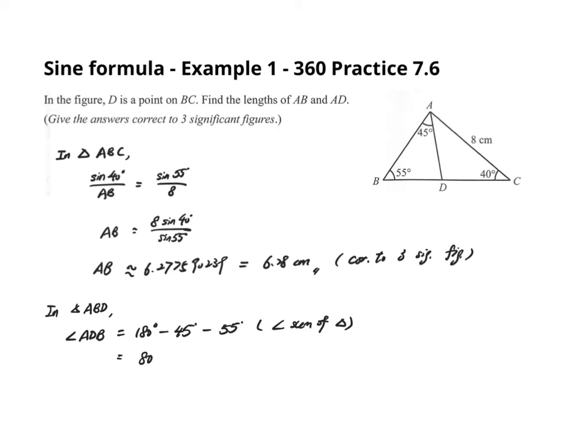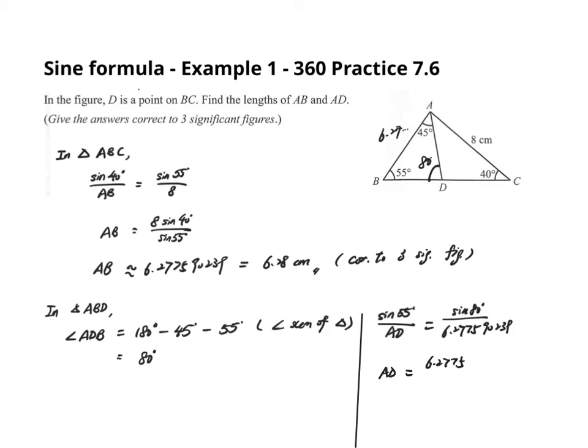It is equal to 80 degrees. By the sine formula, sine 55 degrees over AD is equal to sine 80 degrees over 6.277590239. So AD is 6.277590239 times sine 55 degrees over sine 80 degrees. We have 5.22 cm, correct to 3 significant figures.